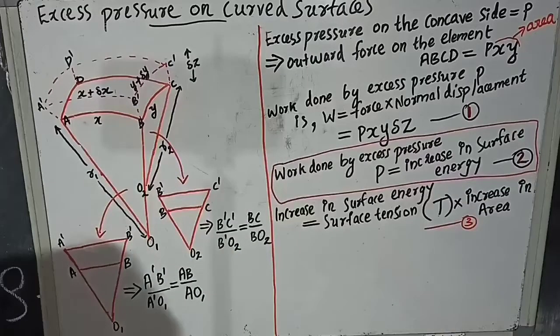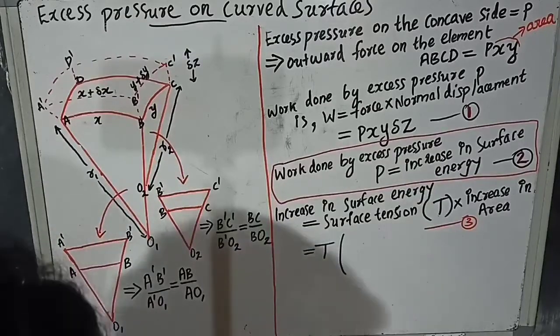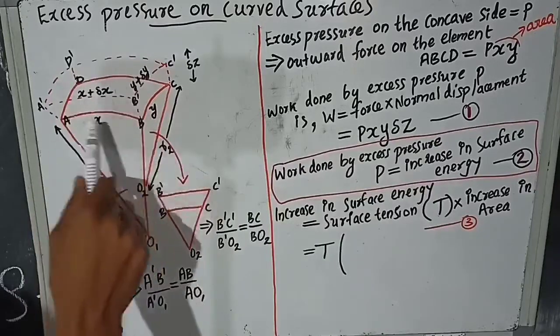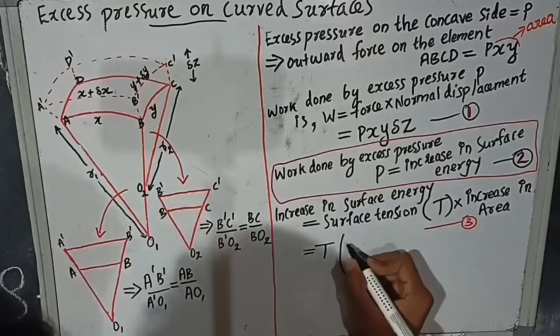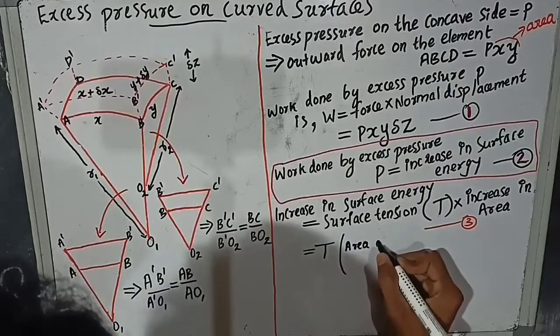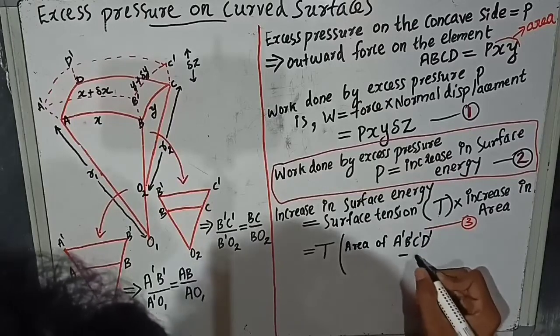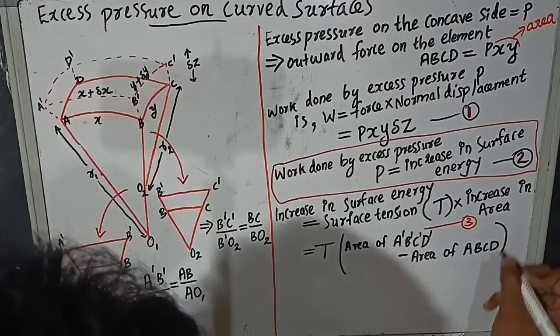We can write this equation 3 as T into increase in area. Increase in area is actually the difference between the area of A dash, B dash, C dash, D dash and ABCD. That is the area of A dash, B dash, C dash, D dash minus area of ABCD.